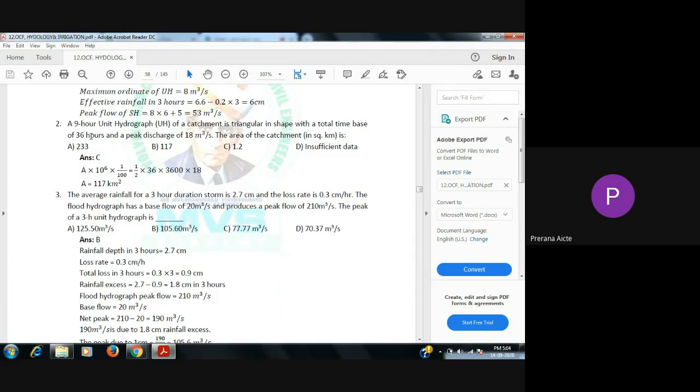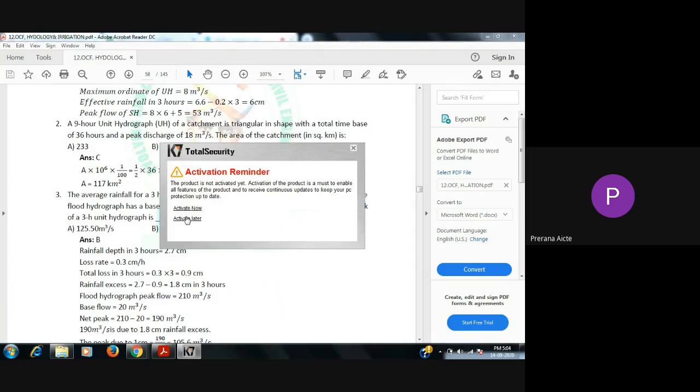Whenever the term unit hydrograph is used, what does it refer to? It is a direct runoff hydrograph resulting from 1 centimeter effective rainfall. So here the area of the catchment is A in square kilometer, into 10 power 6, that's in terms of meter square.